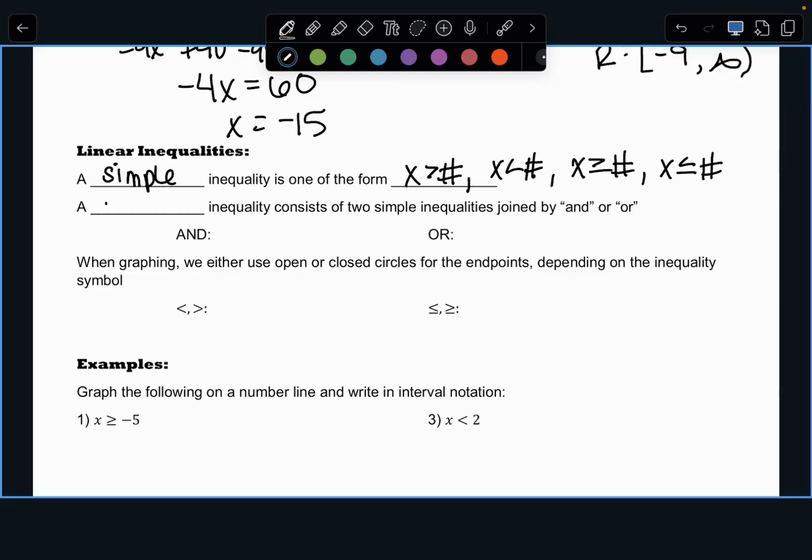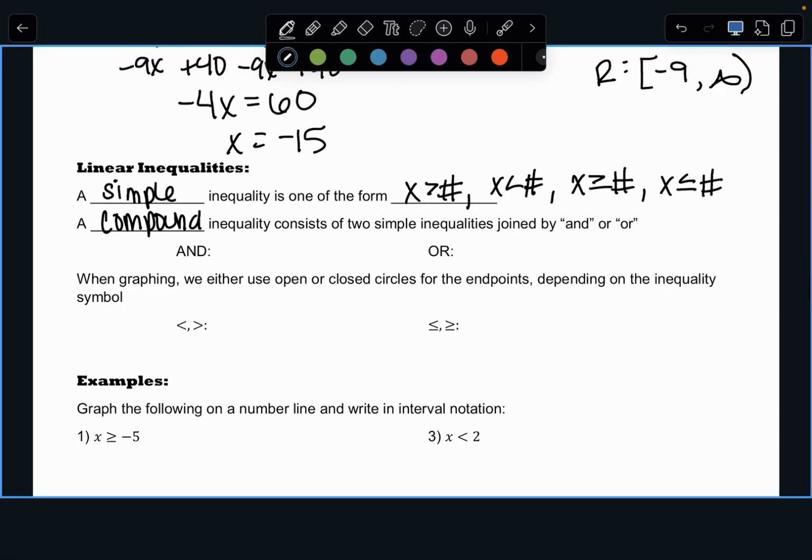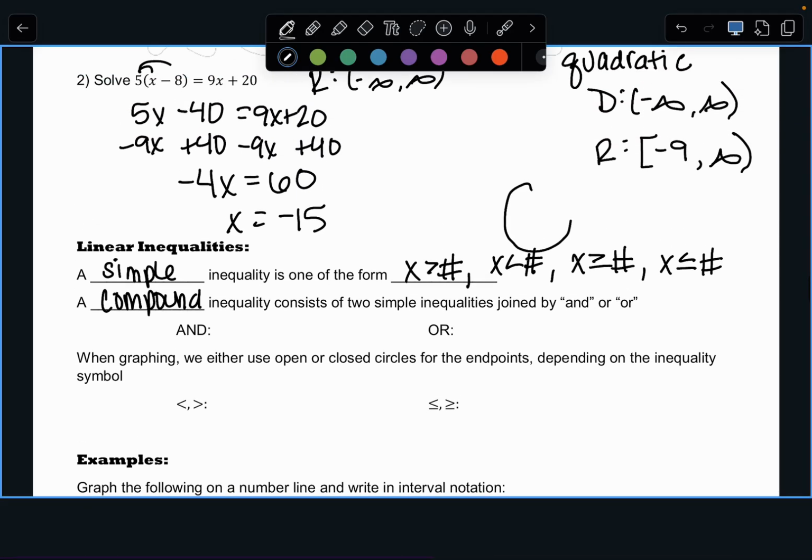The other type is a compound inequality, when we have more than one inequality symbol, but still only one variable. And that's when we use our words and or. So, if we remember for or, we talked about it a little bit, but in math, if we drew a Venn diagram, what parts of this diagram would be shaded in if I'm talking about or, this or that?